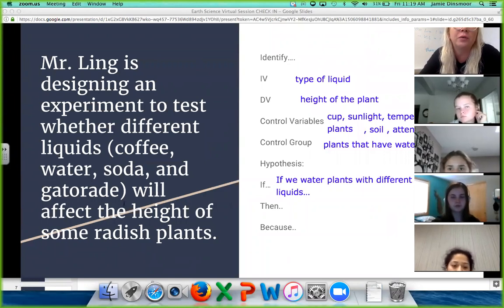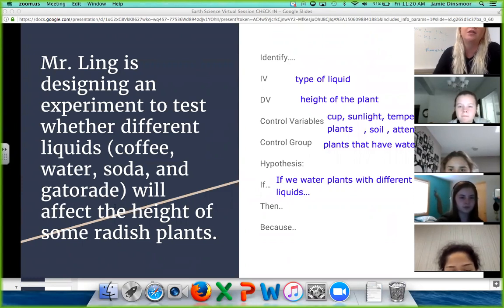If plants are watered with different liquids and the plant with water will grow the best. We water plants with water, will grow faster and healthier if it's watered with water, not coffee, soda or Gatorade. Okay, so seems like most of us are in agreement that water is going to be the best and these other liquids are not going to benefit plants.